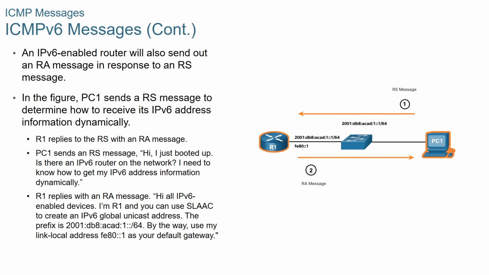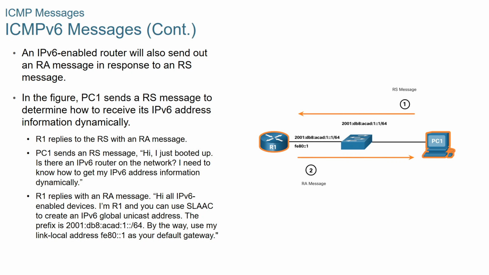So this is like DHCP, Dynamic Host Configuration Protocol, for IPv4. We're kind of doing it within IPv6 here. R1 will come back and reply with a router advertisement message. It will say, hi all IPv6 enabled devices, I'm R1, and you can use SLAAC, stateless address auto configuration, in order to create an IPv6 global unicast address.